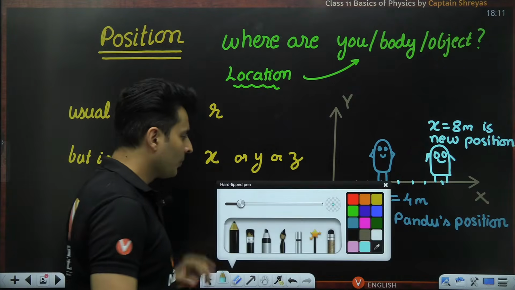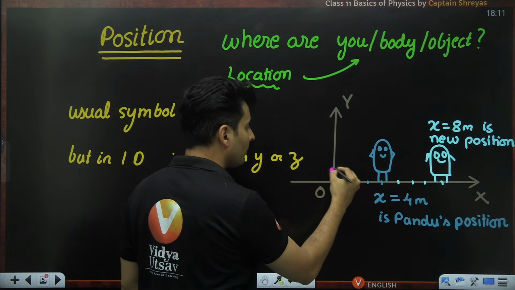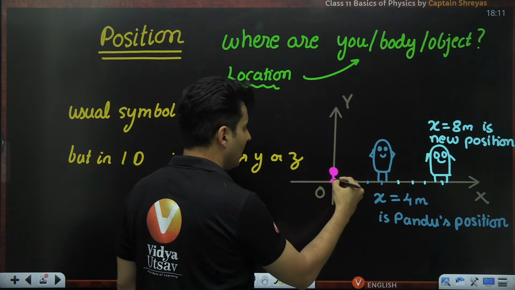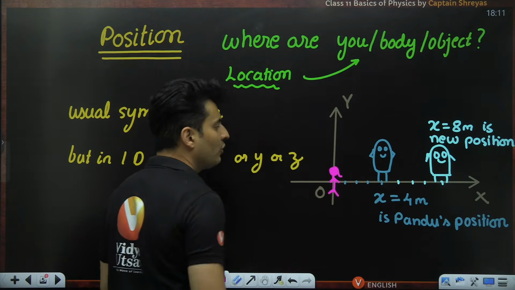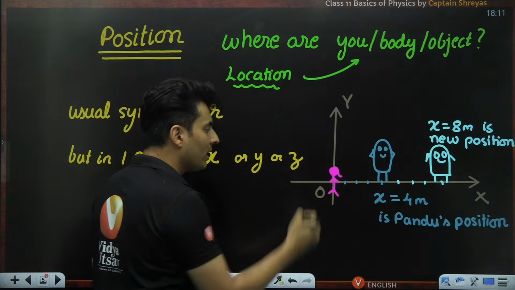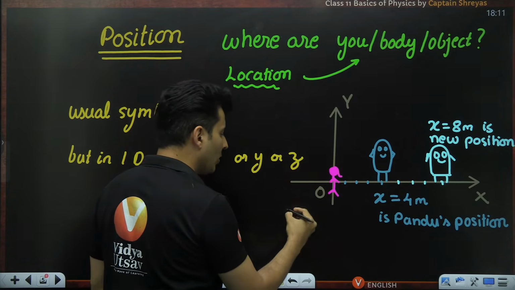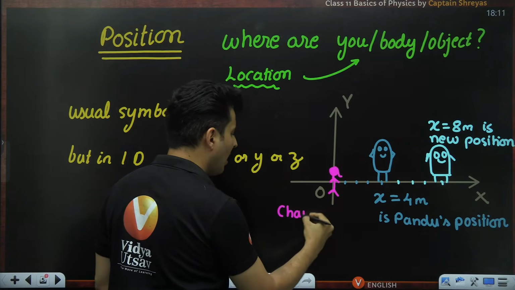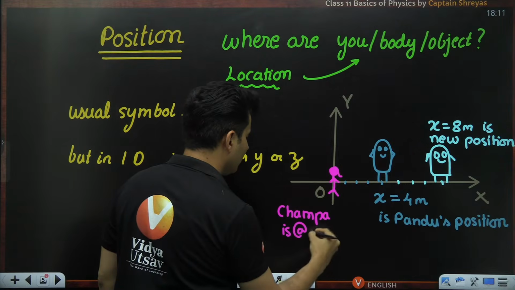Understood? Clear? Similarly, imagine there is a beautiful Champa. Champa is also our friend, and she is maybe Pandu's girlfriend also. Champa is standing at the origin, so I can say Champa is right now at the origin.